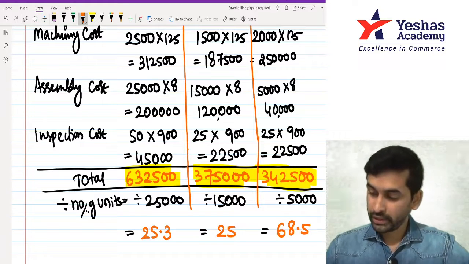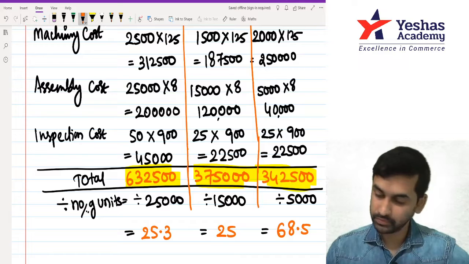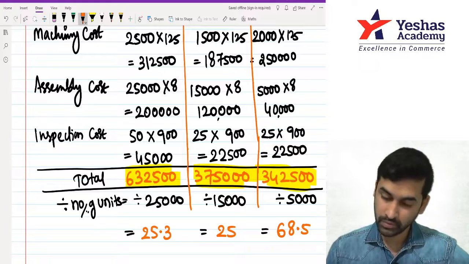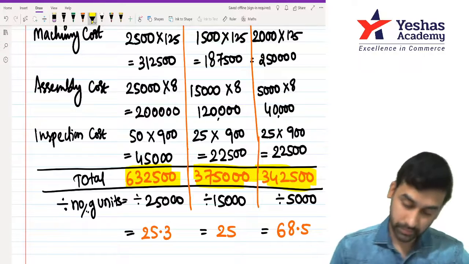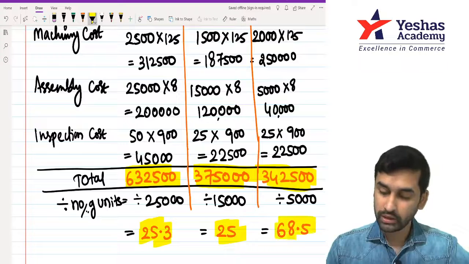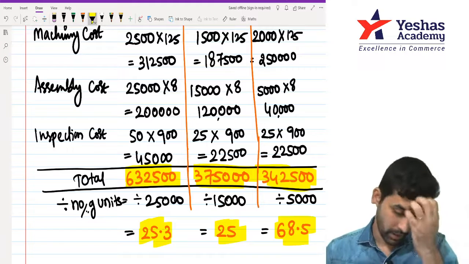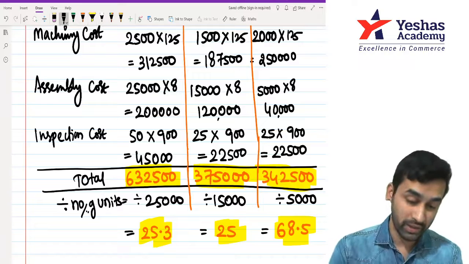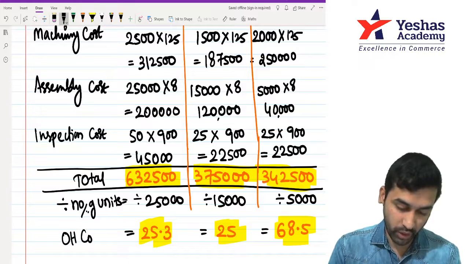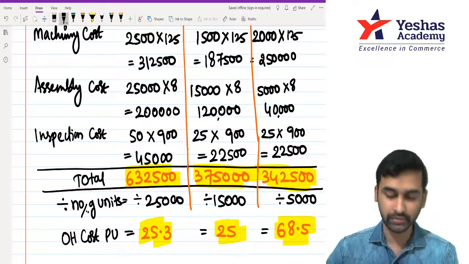Correct? Let me just recheck before I continue. Yes, good. Now numbers are correct. That was for myself. That's okay. Now this is your overhead cost per unit.